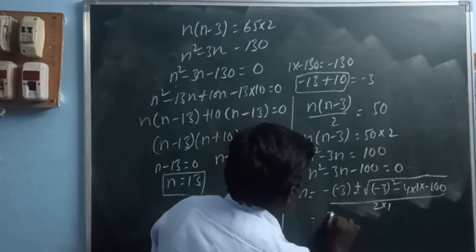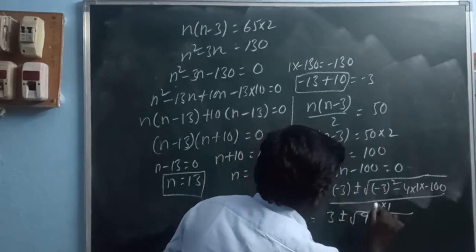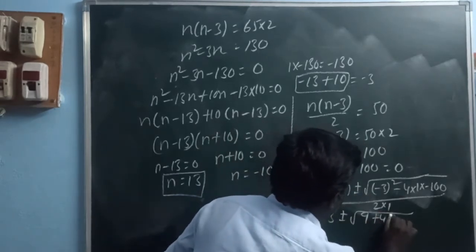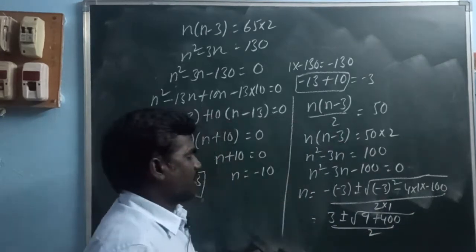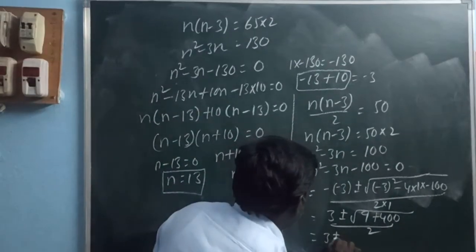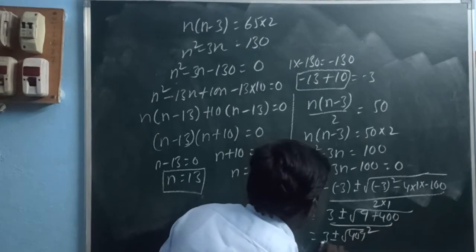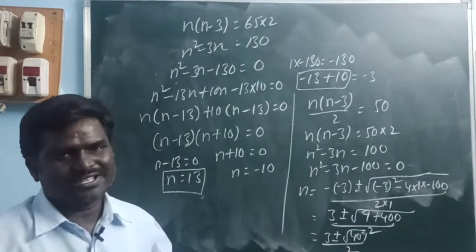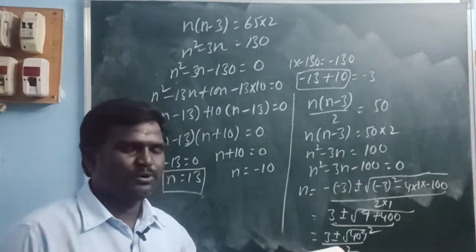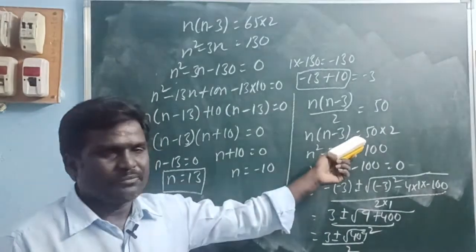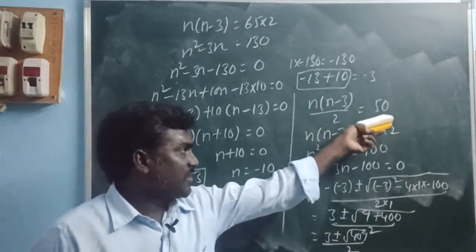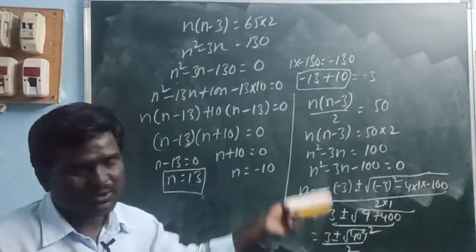So 3 plus or minus square root of 9 plus 400, which is 409, by 2. Here we get decimal values, so it is not possible with 50 diagonals. If a polygon has 50 diagonals, we cannot find the number of sides of the polygon.